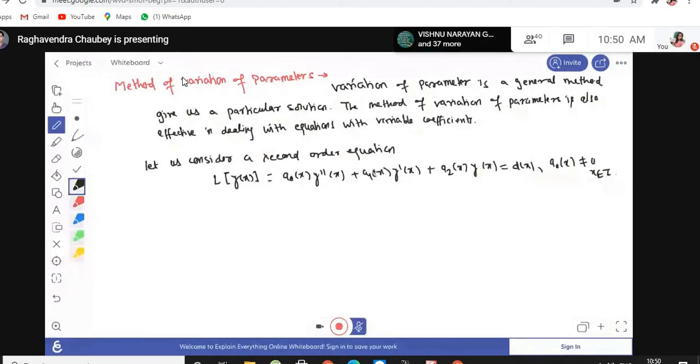So this is non-zero because if it is equal to 0, this is a first order non-homogeneous differential equation. That's why this is not equal to 0.